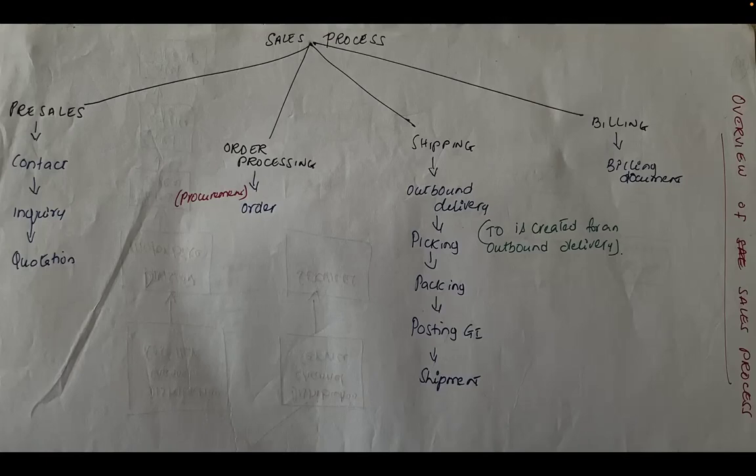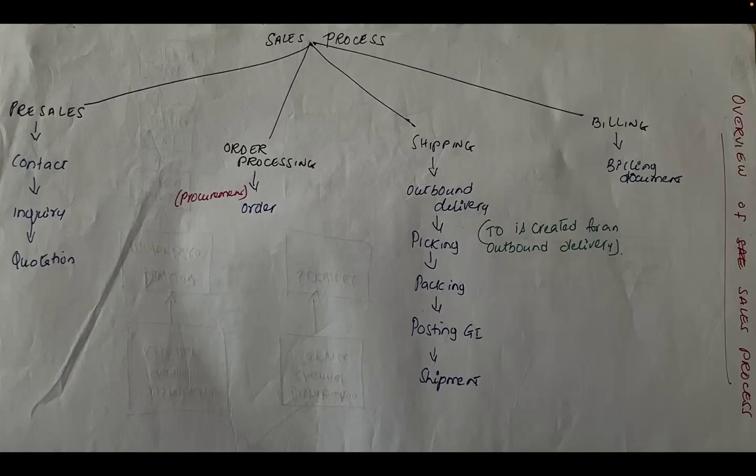It is a purchase order for the customer, but for us, it's a sale order. The order we get from the customer will be created in the SAP system as a sales order because we are going to sell that particular product to the customer. So the purchase order will be created as a sales order.